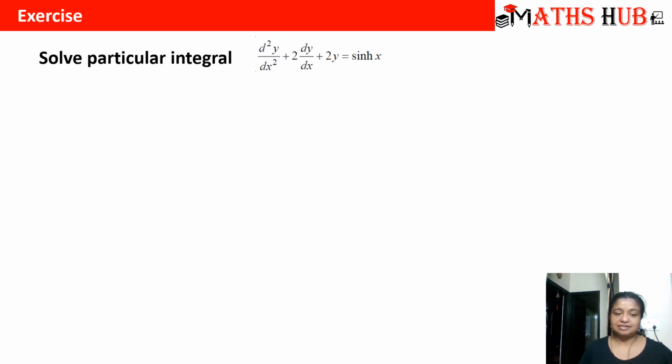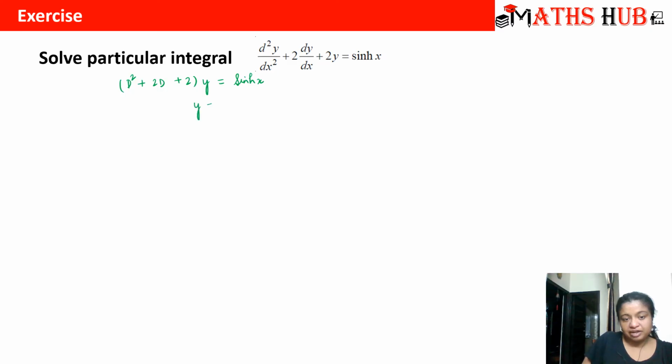Now let us try the following exercise. We need to solve for the particular integral in this case. Let us first find the symbolic form of this equation. This is (D square plus 2D plus 2) y is equal to sine hyperbolic x.